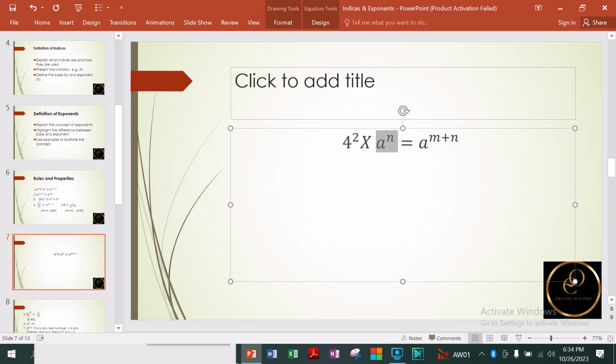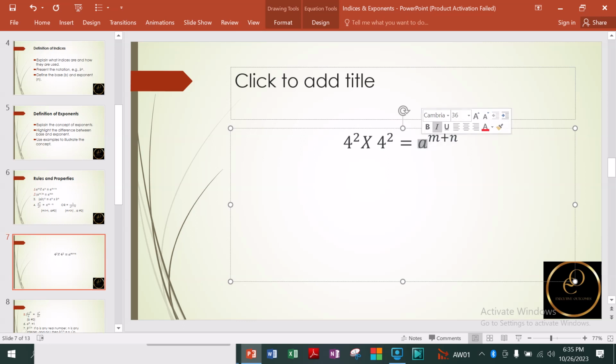Again here the base is the same one, which is 4, but the power here is, let me simplify, let's say the power is 2 again.